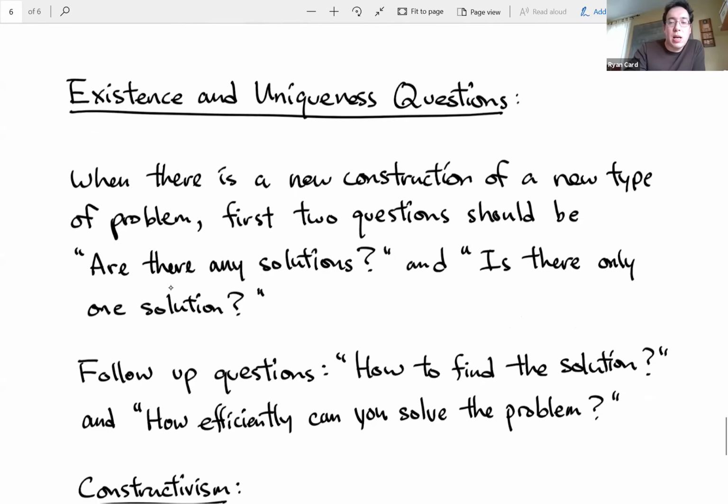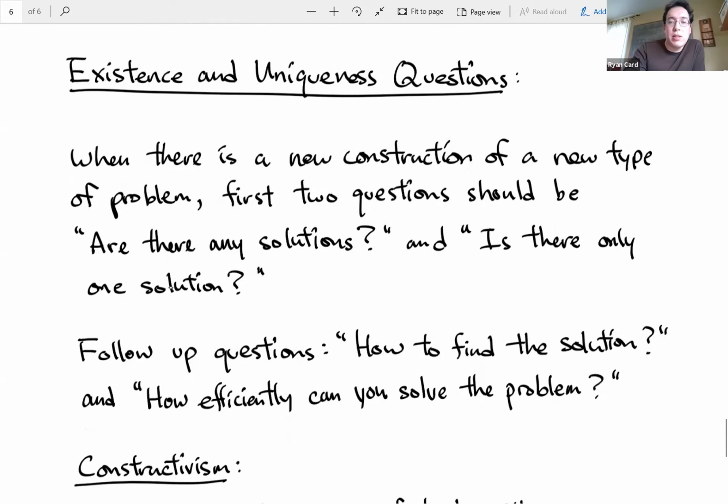This was what's called an existence and uniqueness type of theorem. And I just want to take a moment to say how important these types of questions are. As we learn more about mathematics, it's important to know what kind of questions mathematicians ask and answer.